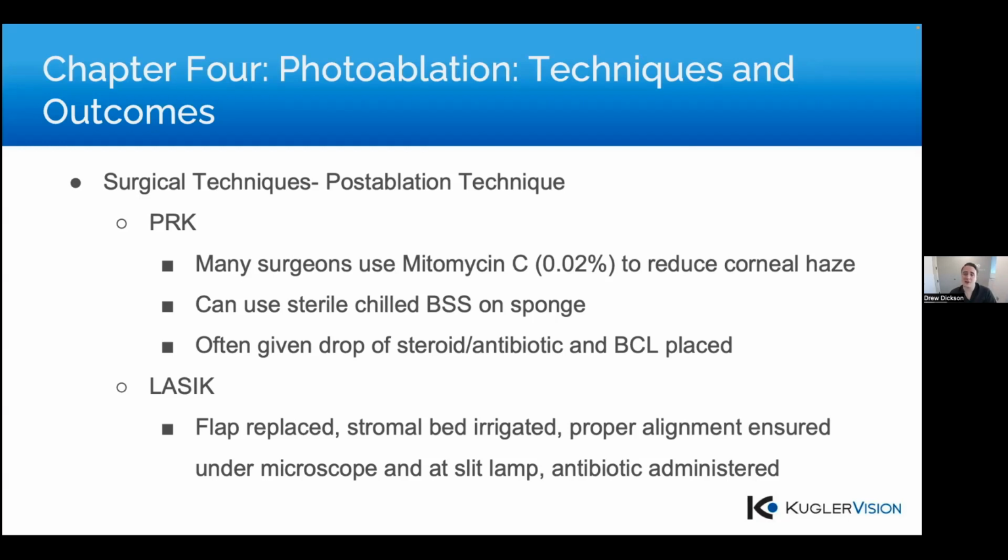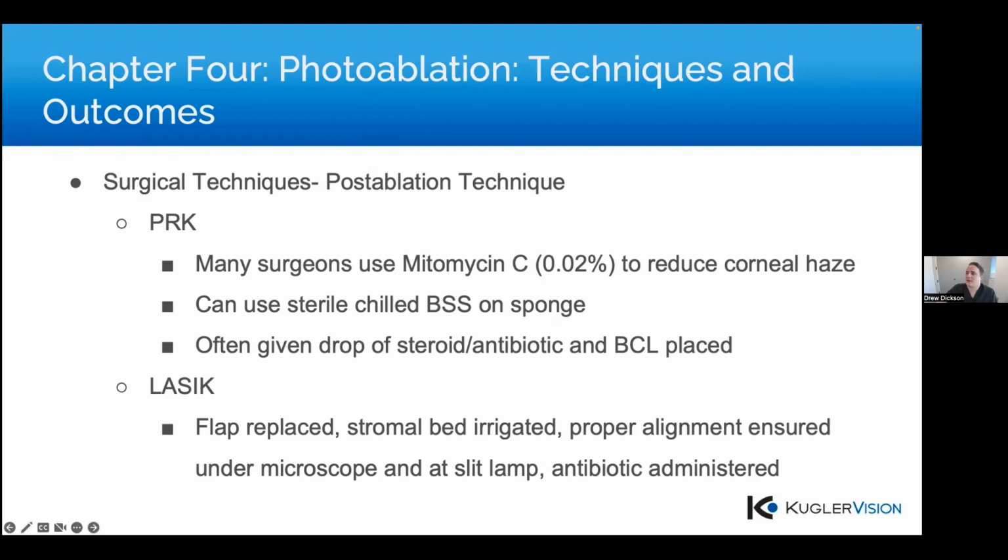As a standard, we usually do it for 30 to 45 seconds, and it can vary depending on the amount of treatment. There are a lot of surgeons who don't use it for most cases and have good results. There are some surgeons who only use it for higher treatments. But it is one thing that's been very effective to reduce haze formation, which we'll talk about in a little bit. You can also use sterile chilled BSS on a sponge, and a drop of steroids and antibiotics.